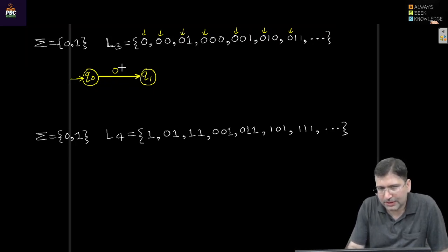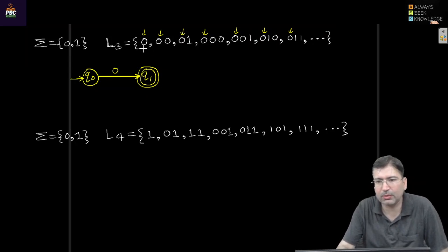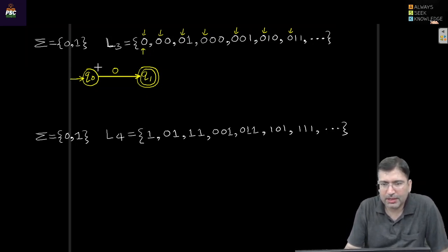When 0 comes here, you are reaching q1, and because 0 can be generated in this language, that means q1 should be a final state also. If q1 is not the final one, this 0 will not be generated, right? So initial is not final because there is no epsilon in the list of strings, but q1 is final because the 0, a 1 length string, this automata can accept or generate, right?